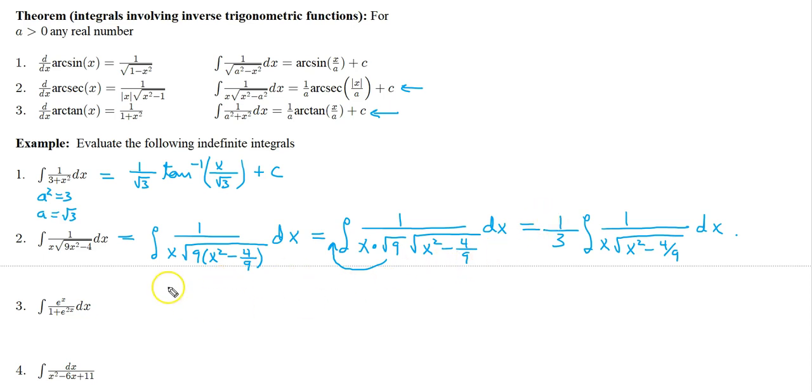So now we see that a is just going to be 2/3, right? The square root of 4 over 9 is 2/3, and so this quantity will then equal, using this formula right here with a equaling 2/3, we're going to get now 1 over 2/3, that's going to be 3/2, right?